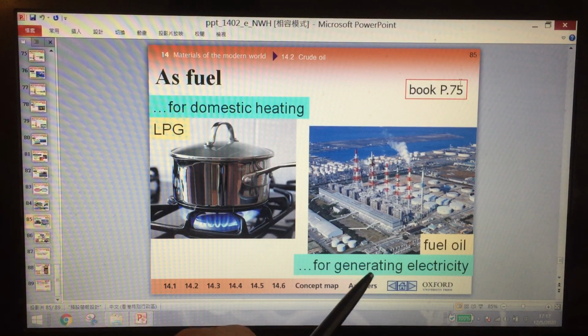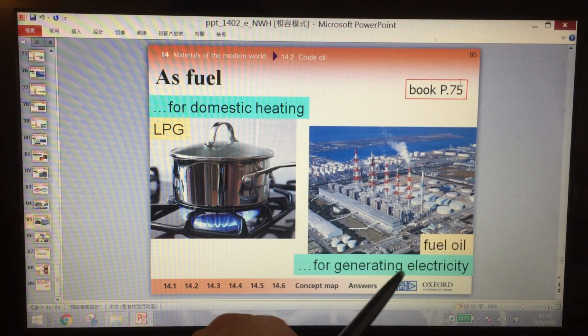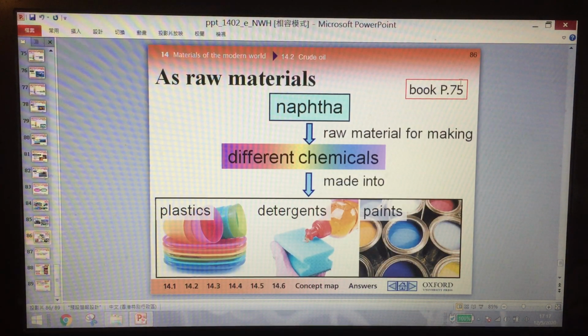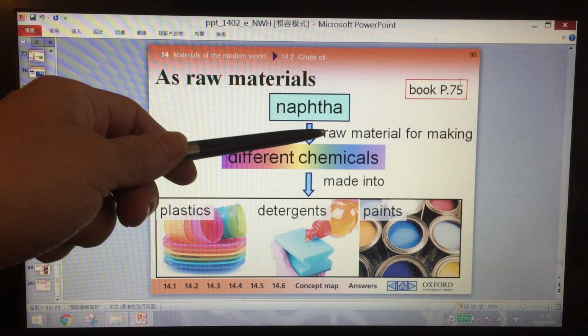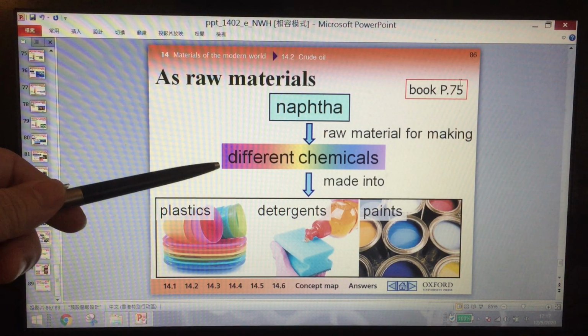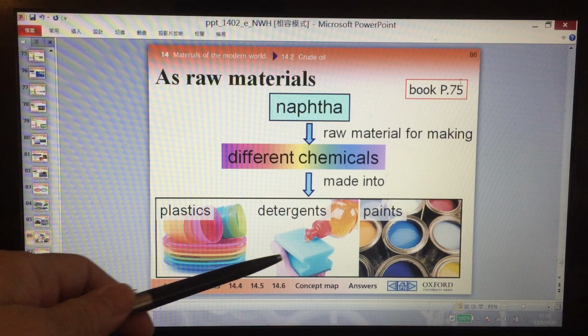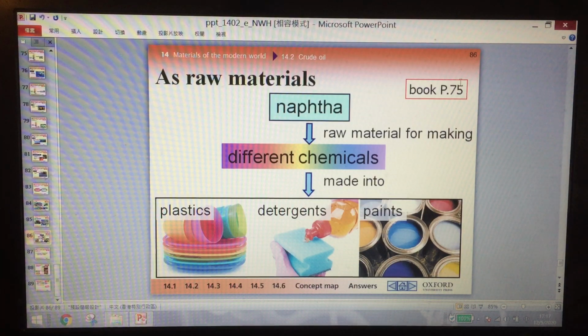Or for generating electricity, okay? Fuel oil is for the power station to generate electricity. And as raw material, naphtha, that is raw material for making different chemicals. It may be for plastic, for making detergents, or for making paints.